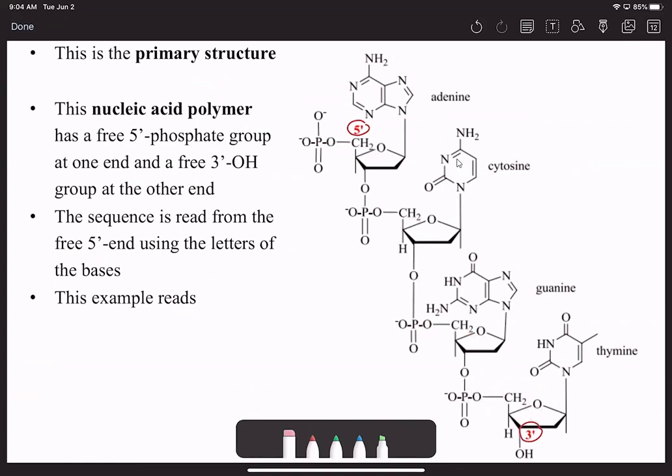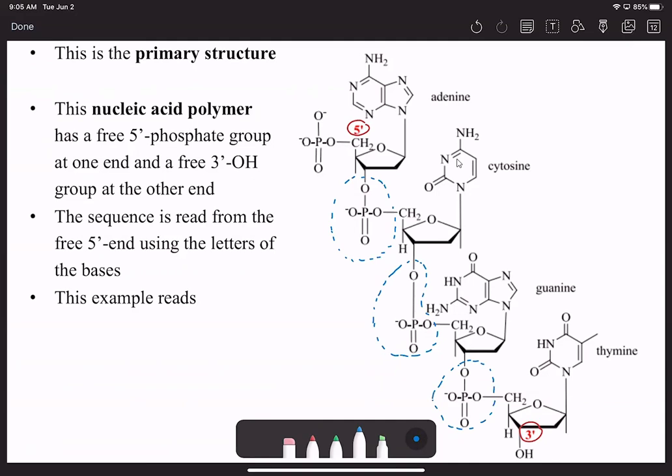So that always runs 5' to 3' because that is where the phosphate groups are attached. All of these phosphate groups are attached at those carbon numbers.